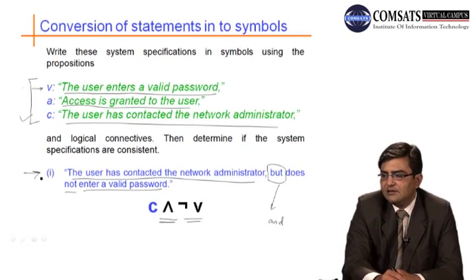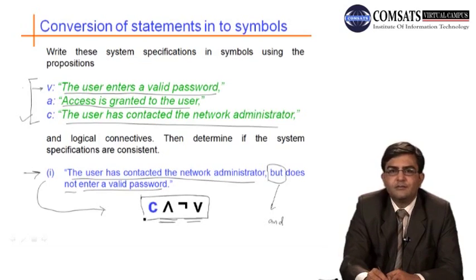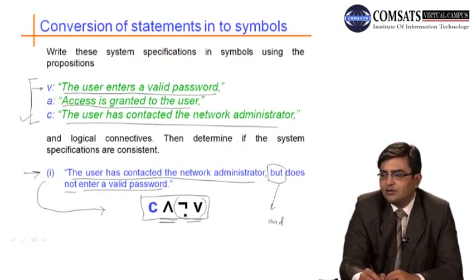So this sentence can be written in symbol form like this: C and not V. The precedence here is that not has a precedence over the conjunction operator, so not will be applied first on the V, and then we take the conjunction of C and not V.